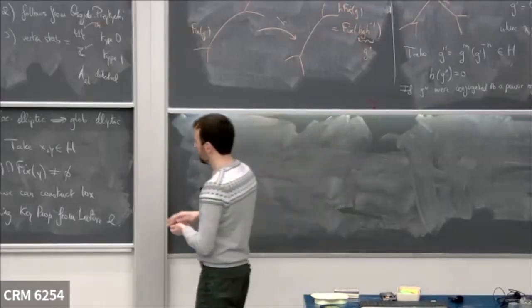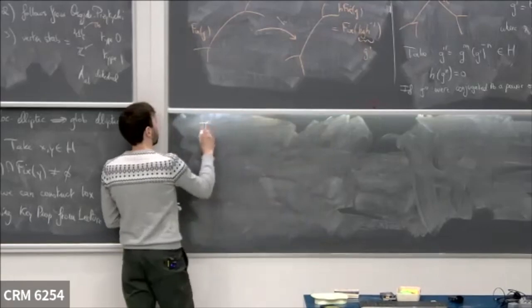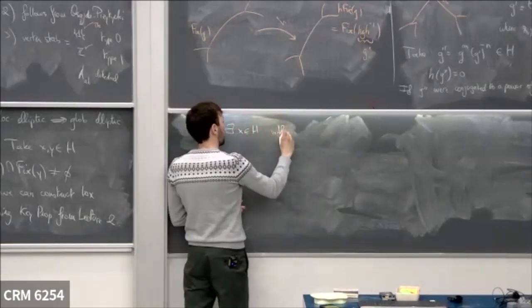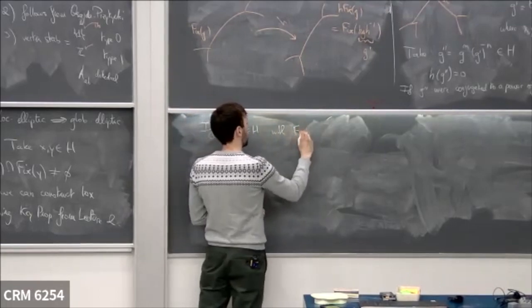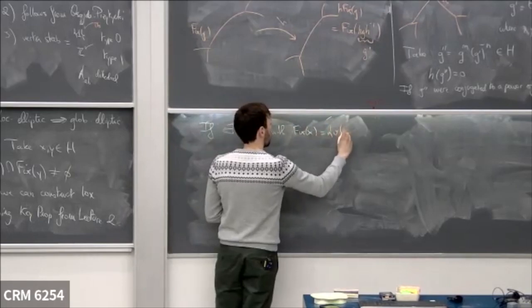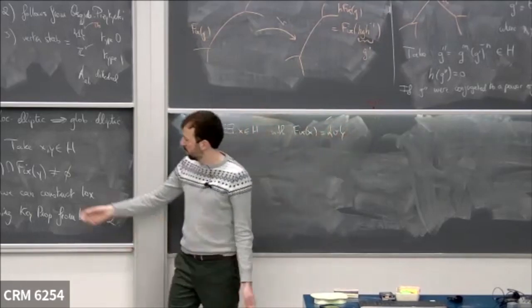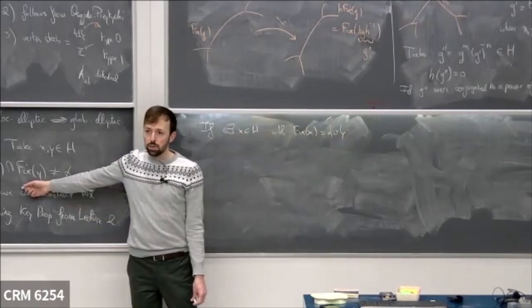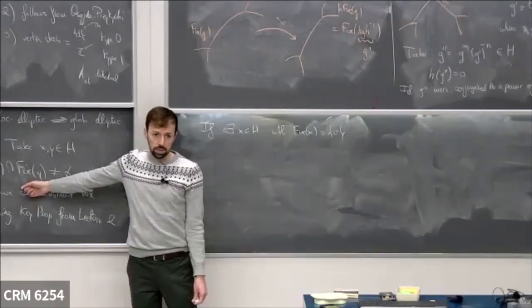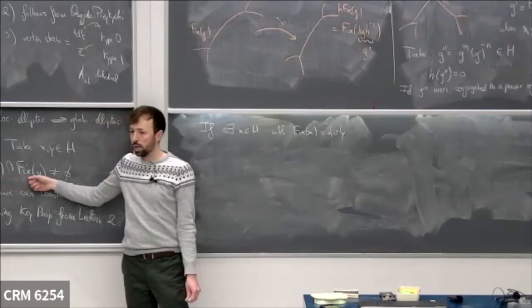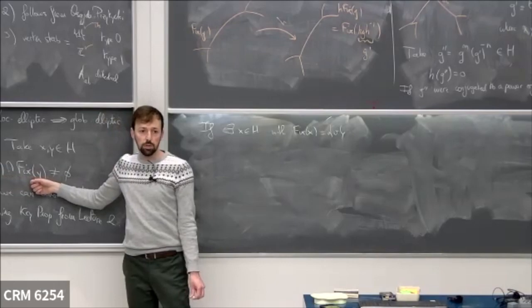If there exists x in H of vertex type, where the fixed point set of x is a single vertex V, then by this remark every element y in H has to fix that vertex, since this unique vertex must lie in the fixed point set of every other element.